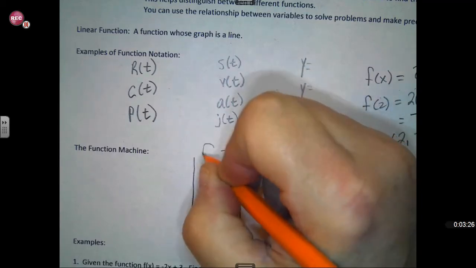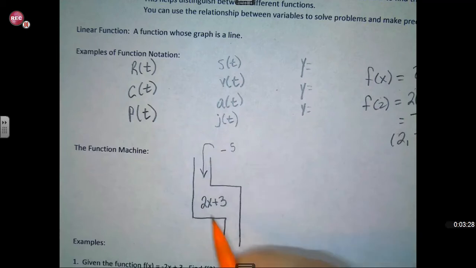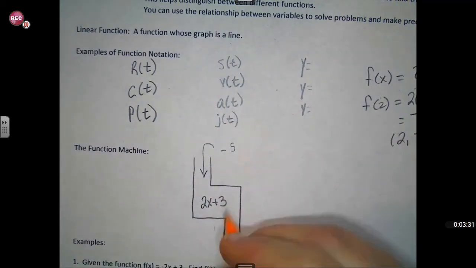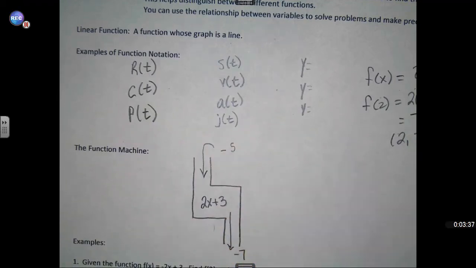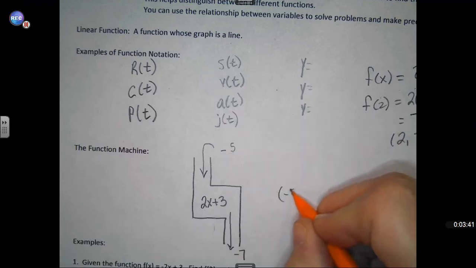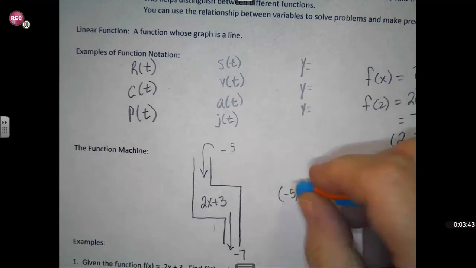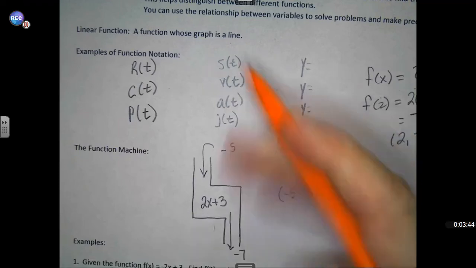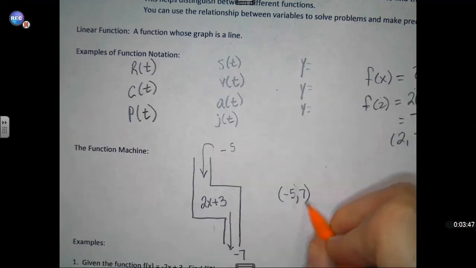We take 2 times -5 and get -10, plus 3, and what comes out of our function machine is -7. So that's the same as the ordered pair (-5, -7).